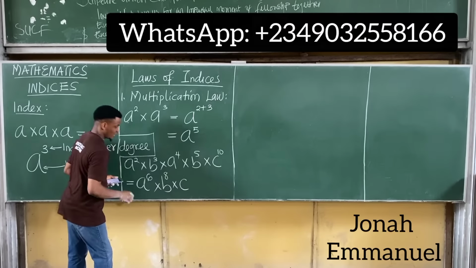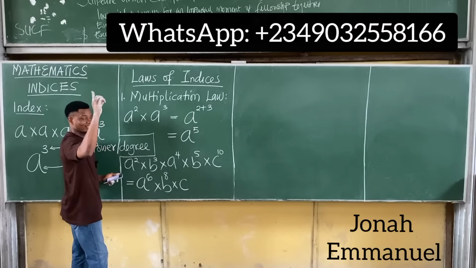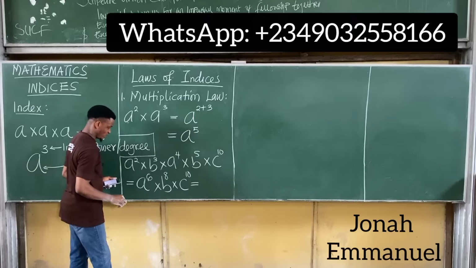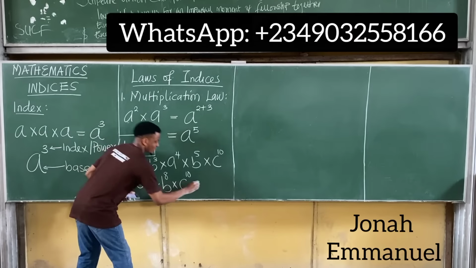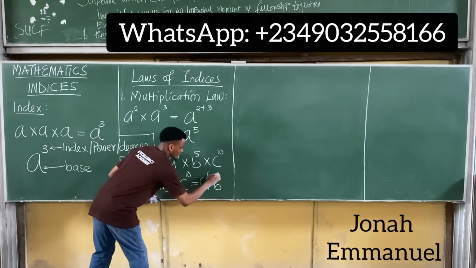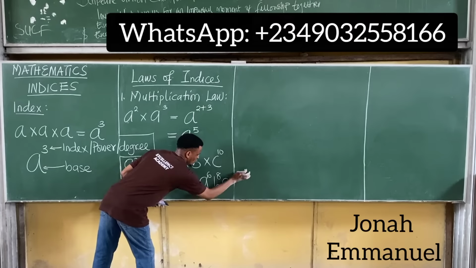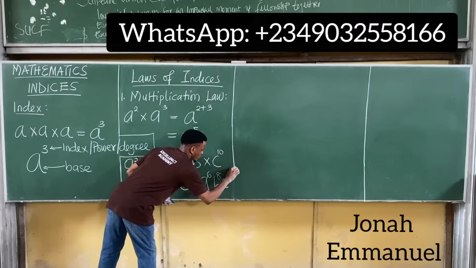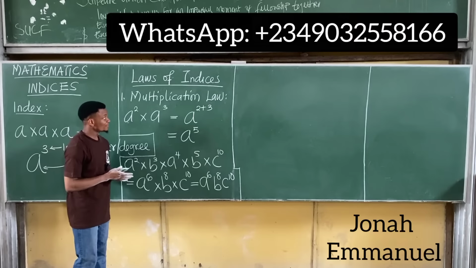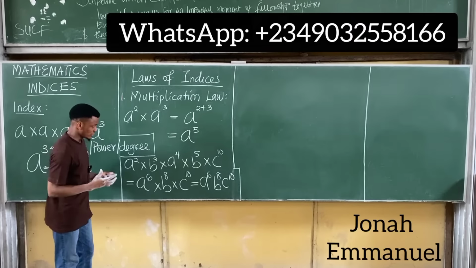For C, I have just one C term, which is C to the power 10. If I combine these, the answer will be A to the power 6, B to the power 8, and C to the power 10. So this is my value using the multiplication law.